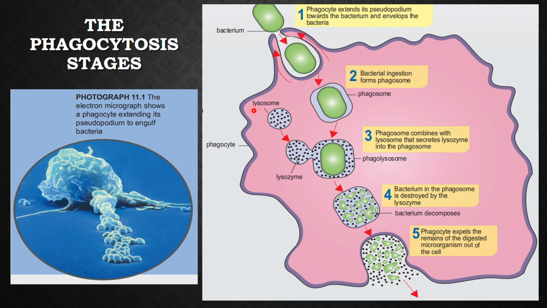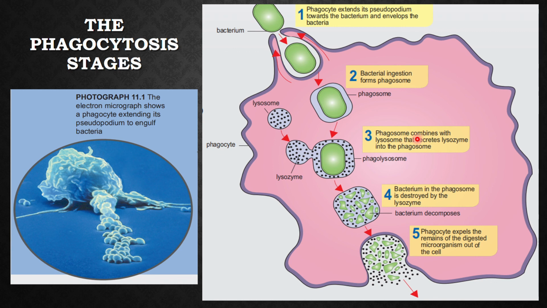So this lysosome, which is in the phagocyte itself, will secrete this lysozyme, which is a type of enzyme, and when this comes in contact with the phagosome, this is what we call the phagolysosome.